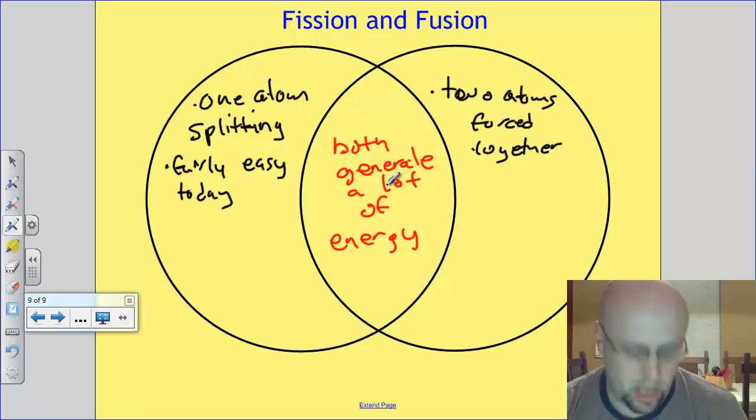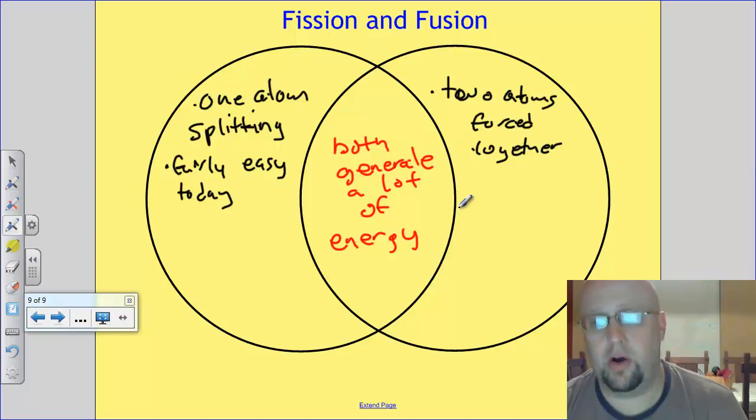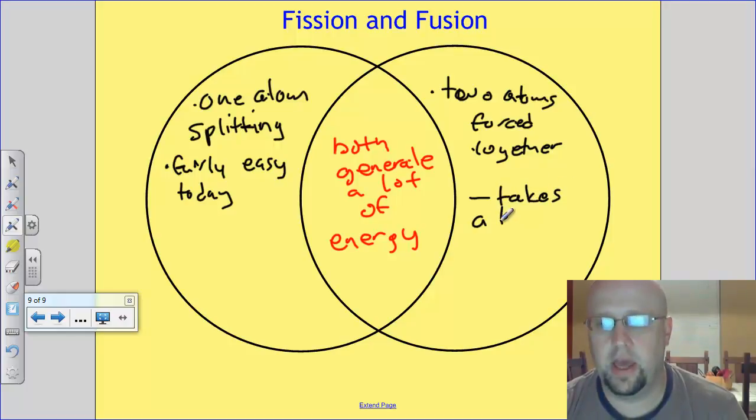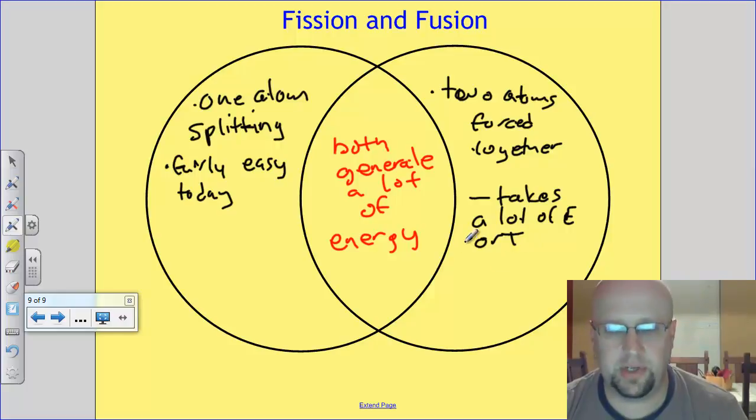But what makes it really hard is that it takes a lot of energy, okay, a lot of energy or temperature, same thing basically, to get it started. In fact, it's about, I think it's something like 25 million Kelvin or 25 million degrees Celsius, I think it is. So you get a lot more energy out, okay, more energy.